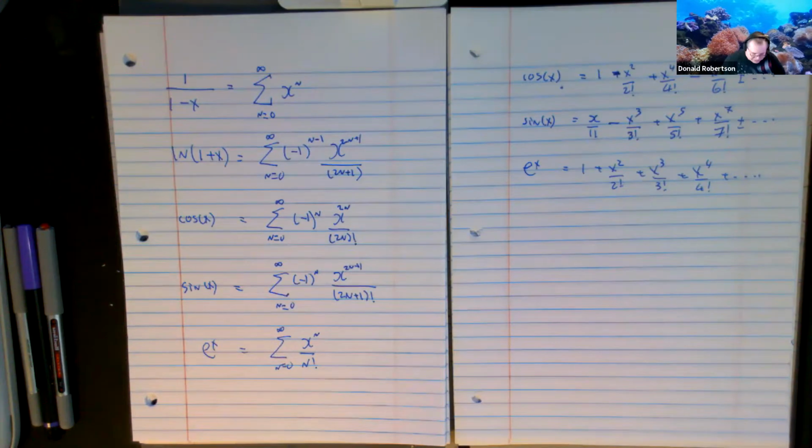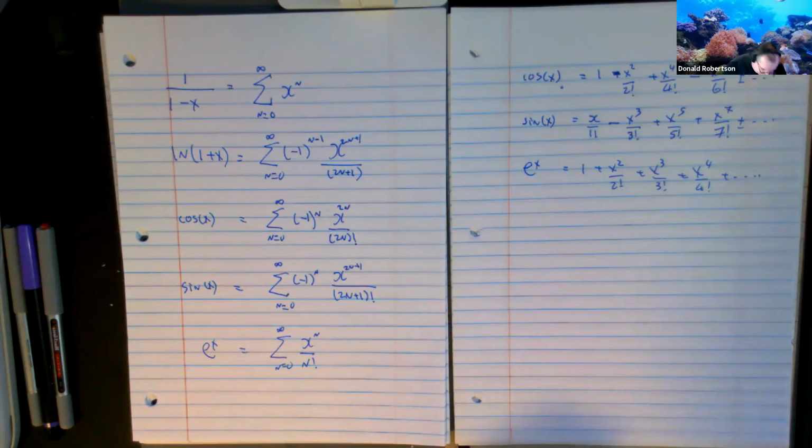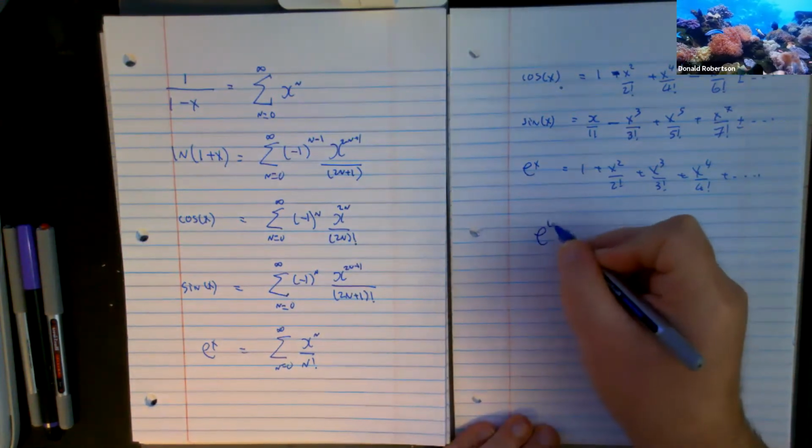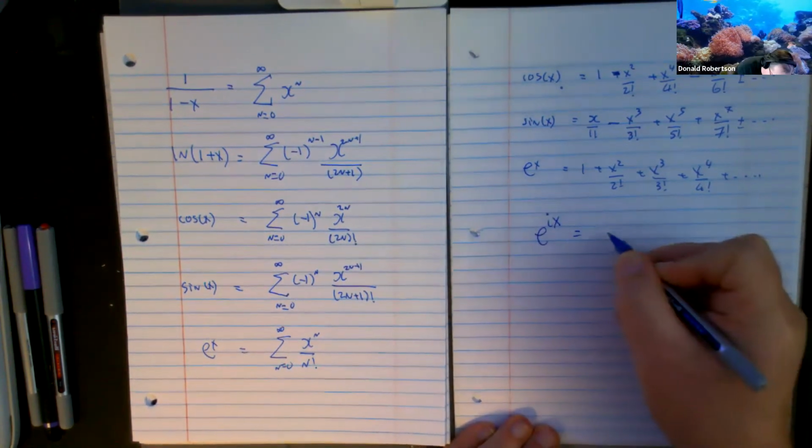It's telling us that e to the x is actually related to the sine and cosine function, but they're not related in the real world, the real number system. They are in fact related in the complex numbers.